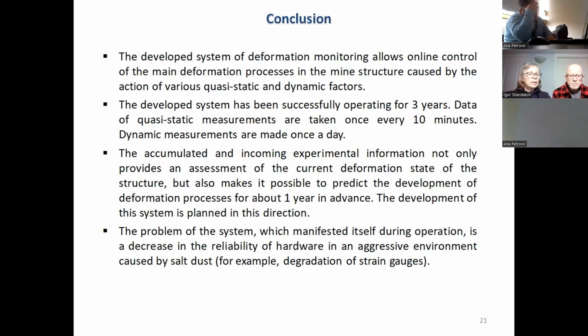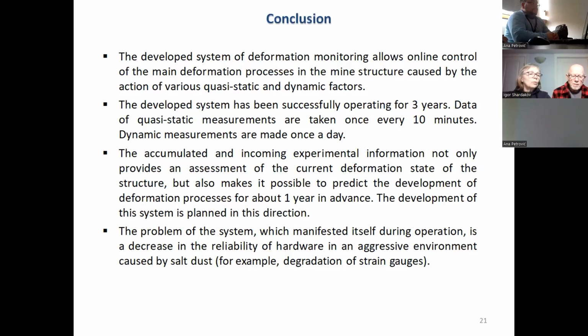Data of quasi-static measurements are taken once every 10 minutes. Dynamic measurements are made once a day. The accumulated and incoming experimental information provides an assessment of the current deformation state of the structure. In addition, it becomes possible to predict the development of deformation processes for about 1 year in advance.